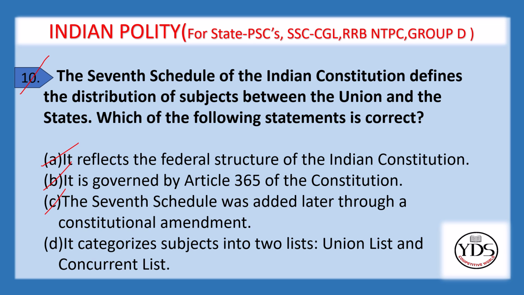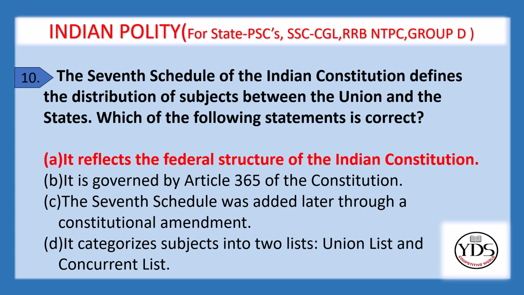Option C. The 7th schedule was added later through a constitutional amendment. Option D. It categorizes subjects into two lists, Union list and concurrent list. Option A. It reflects the federal structure of the Indian Constitution is the correct answer.